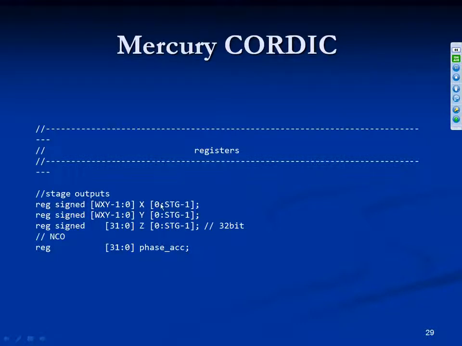And then this is the number of stages, so this is how many of those I'm creating. One of these wide for every stage. So we create our x, y, and z. Those are our declarations. And here z, I'm setting it to 32 bits wide, and we're going to have 0 to 21 or whatever of those. And then I also create what I call the phase accumulator. It's 32 bits wide.